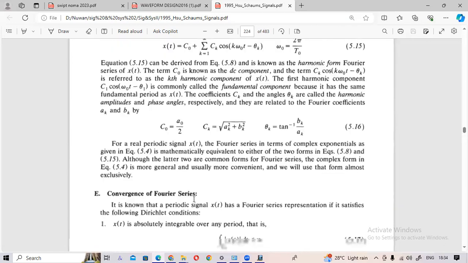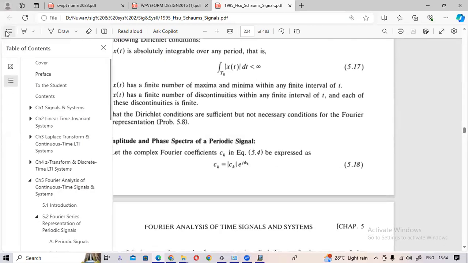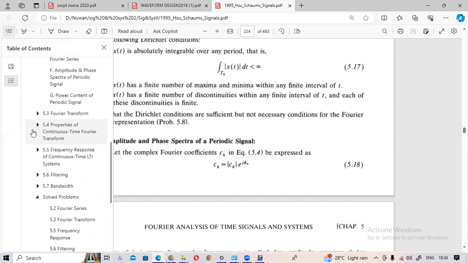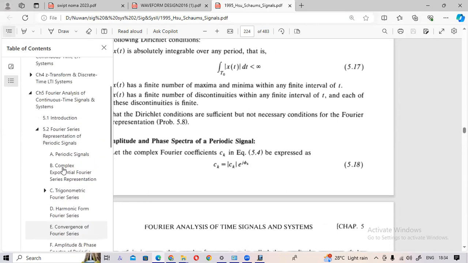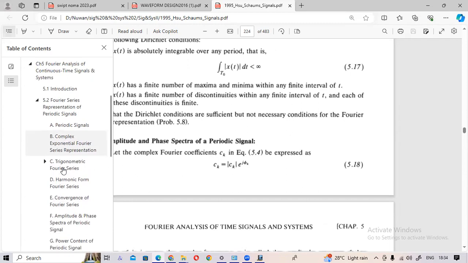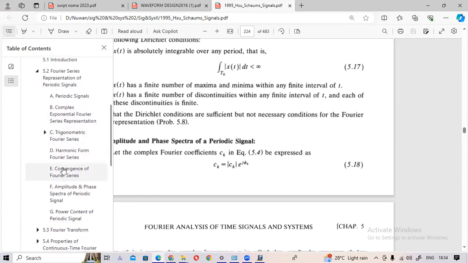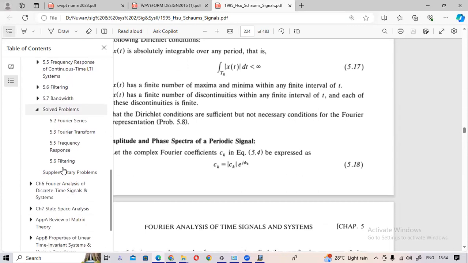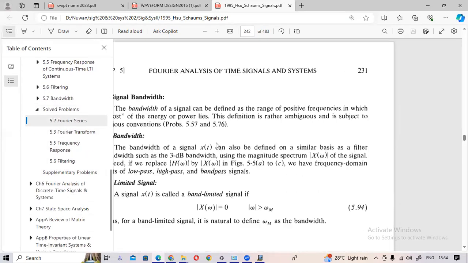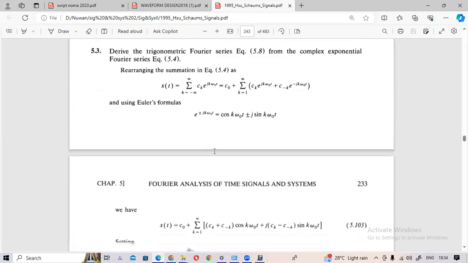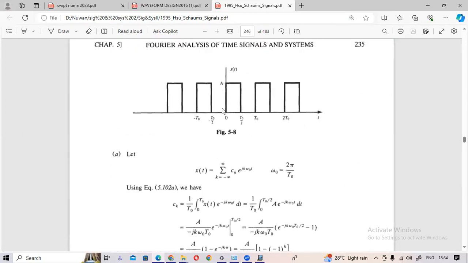And we have done one example. Actually, it is under the solved problems. As I can remember, we evaluated this one.